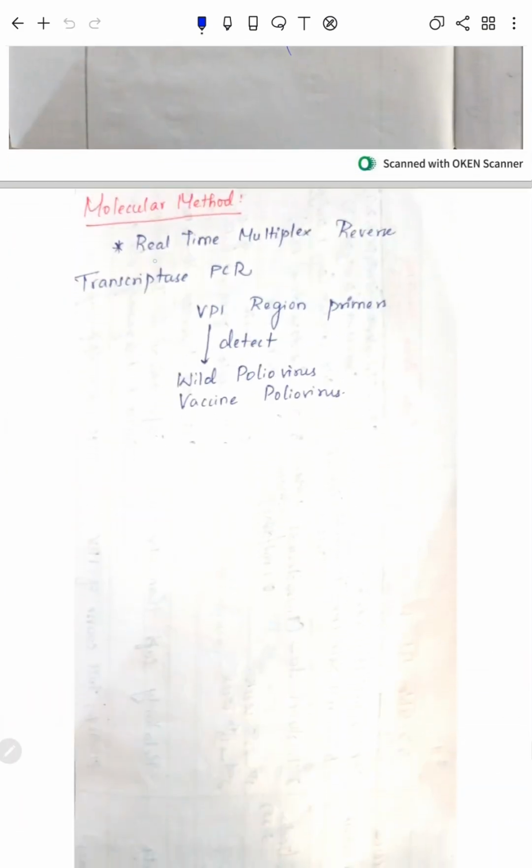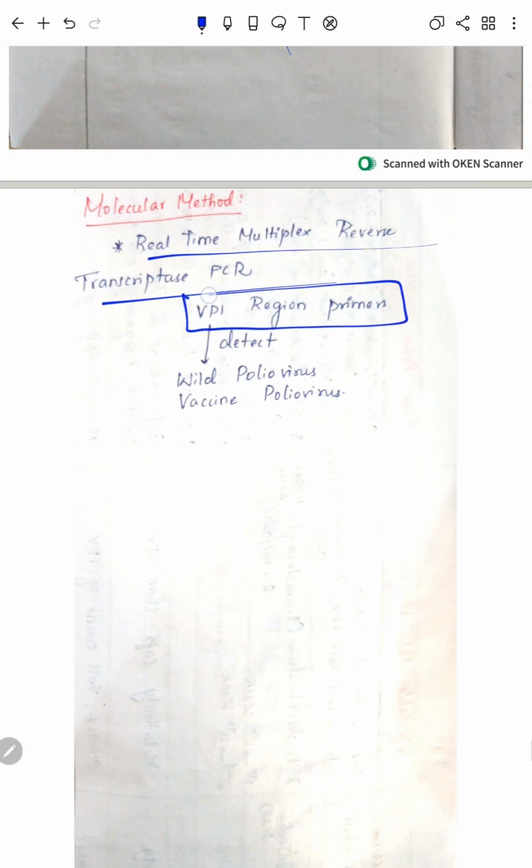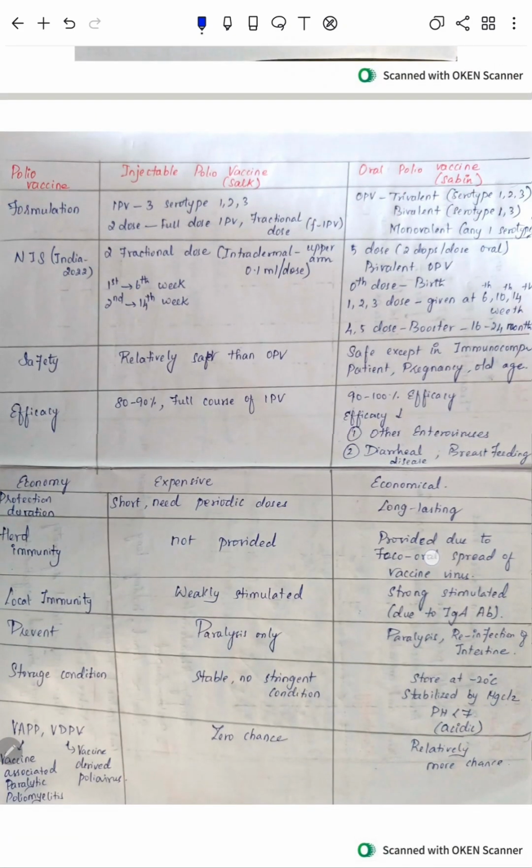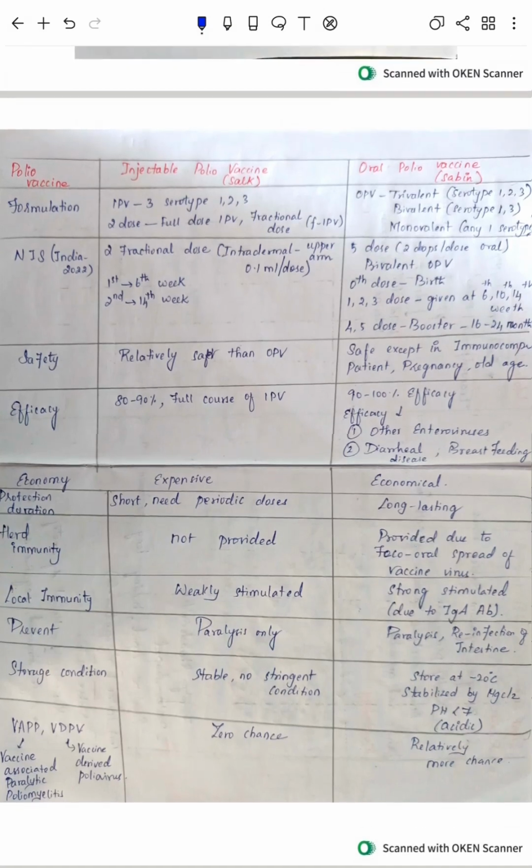Okay, and the molecular method is via RT-PCR, which we are doing with viral protein 1 region primers, through which we are detecting wild polio virus and vaccine polio virus. Okay, this tabular column is very important.